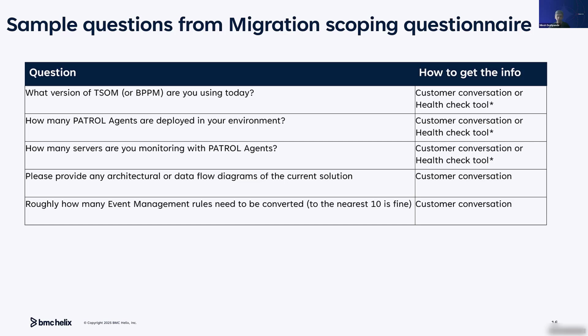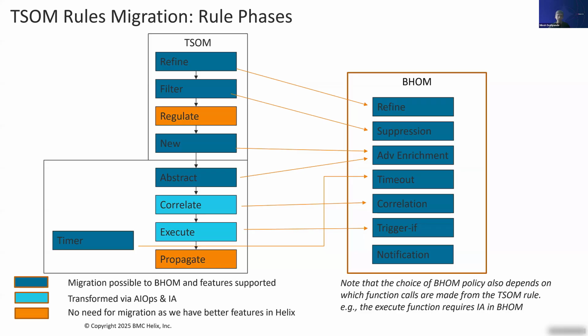Defining how many event rules you need to migrate is an important aspect, because as per the experience that we had, the time for migrating the cell event rules is the most. Consider which data may be better to do manually rather than doing the migration.